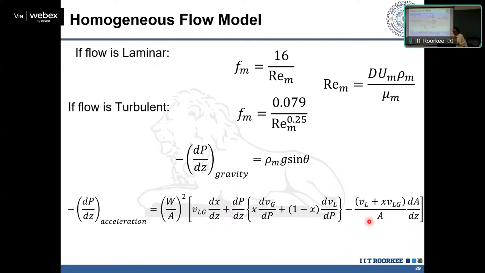As well, if you have a vapor-liquid flow where your mass fraction is changing, because vapor is continuously being produced from the liquid, so the value of x is changing, that also accounts for a certain change in pressure. So the acceleration pressure drop is made up of these two components.